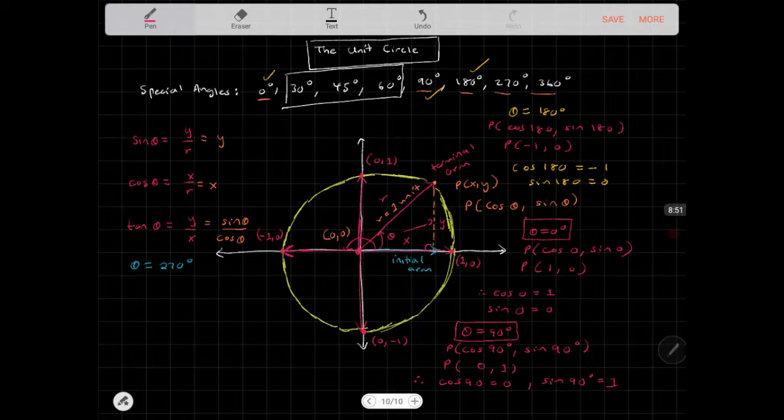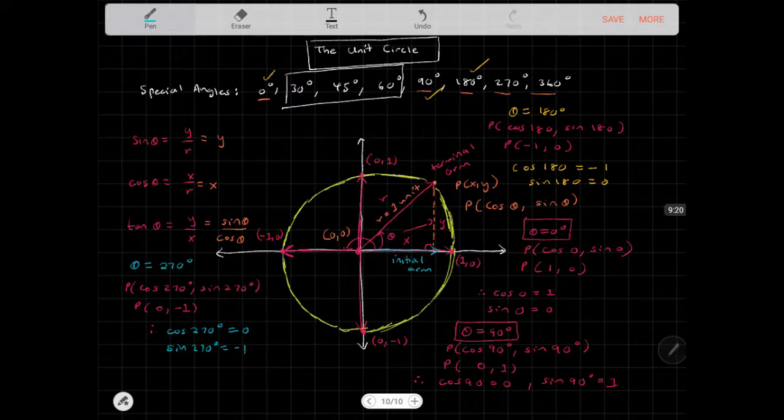So the point equivalent here is cosine 270 degrees, sine 270 degrees, and this is equivalent to the point 0 and -1. So therefore, let's use blue here. Cosine 270 degrees is equal to 0, and sine 270 degrees is equal to -1.